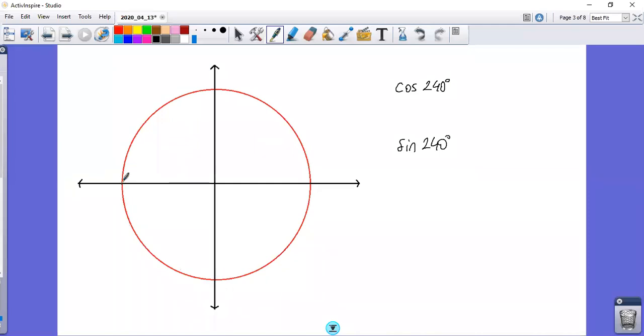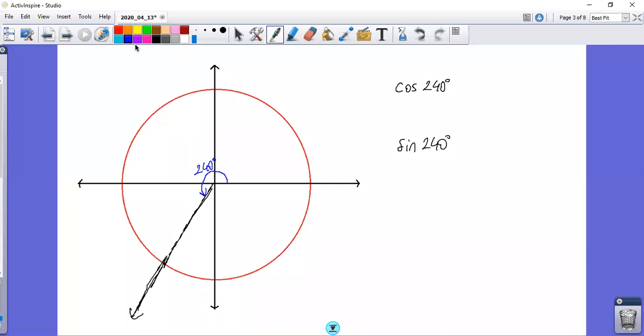So 180 plus what is 240? 60, right? So that's going to be 60 degrees. So it's going to be around here, I hope. So this is my 240 degrees, from the initial side to the terminal side.